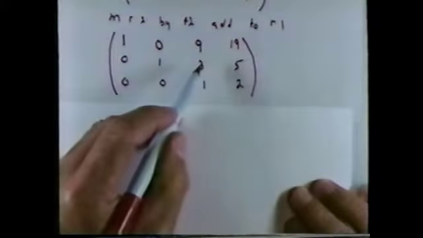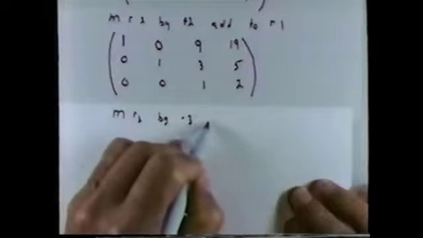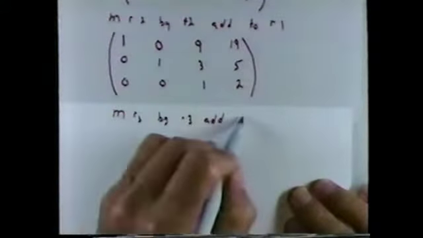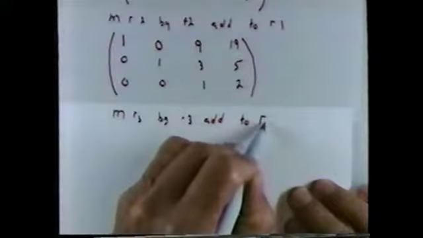Now, I'm going to worry about column 3. I've got columns 1 and column 2 okay. I need a 0 here and a 0 here. Well, what I can do is multiply row 3 by -3, add to row 2. A -3 plus 3 is 0.